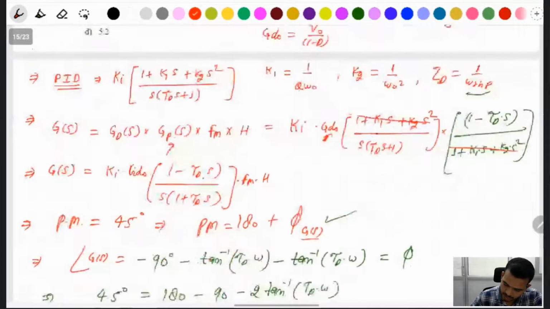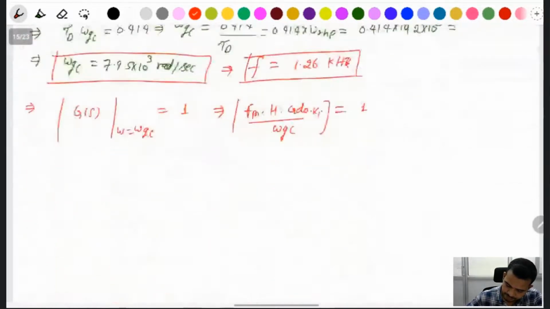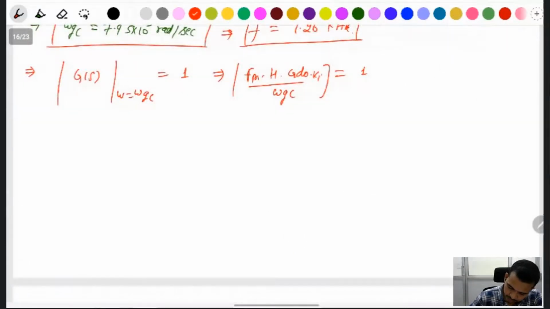Ki is also here, so Ki, Gdu into Fm and 2H, find the value Ki.